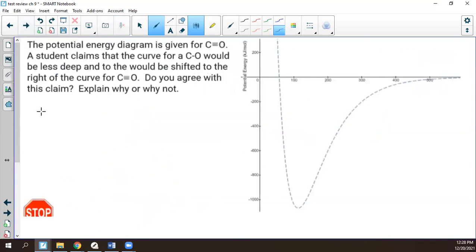All right. The potential energy diagram is given for C triple bonded to O. We went over this before. Anytime you see one of these, you can tell I cut it from the AP videos. A student claims that the curve for CO would be less deep and shifted to the right of the curve for C triple O. Do you agree? So what they're saying is it would look like this. Ignore that bump right there. Do you agree with this or not? Ready?